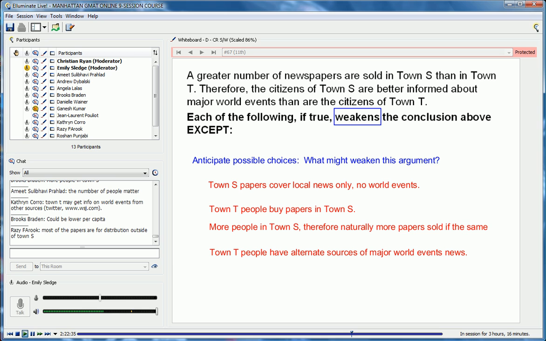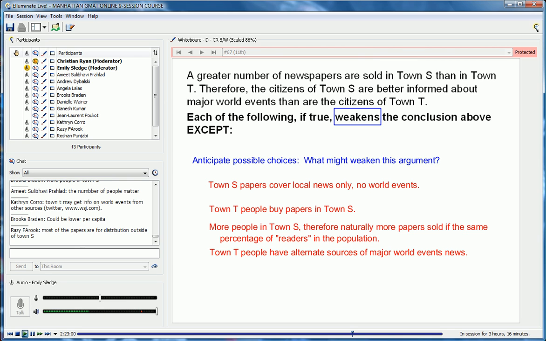Yeah, I think that's a good point. You could have 2 towns with the same percentage of readers, and the larger town would simply sell more papers, without it being possible to assume that one town is more informed than the other. Well put.